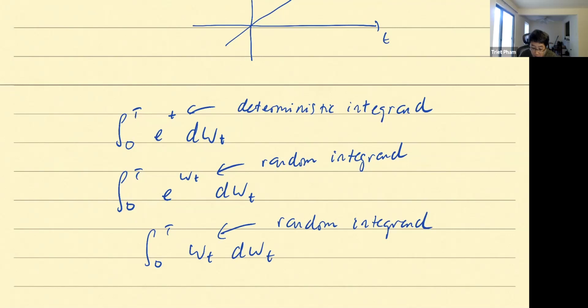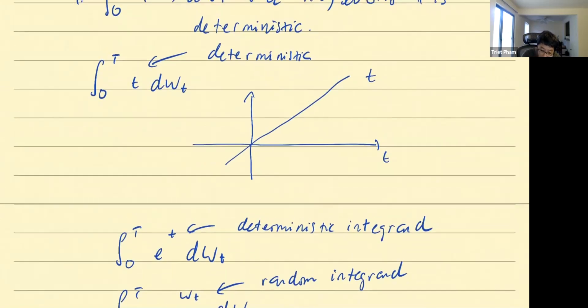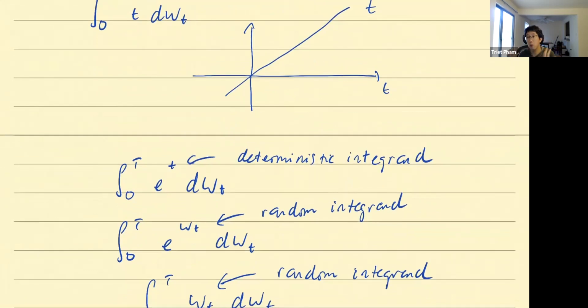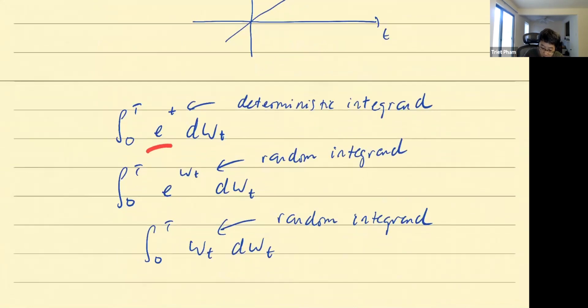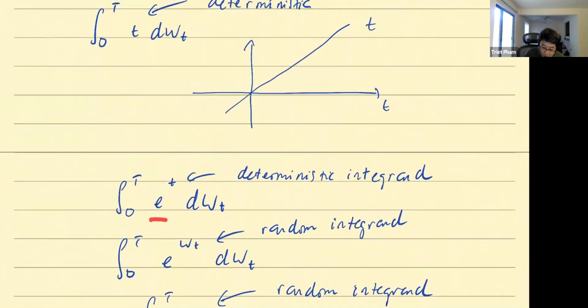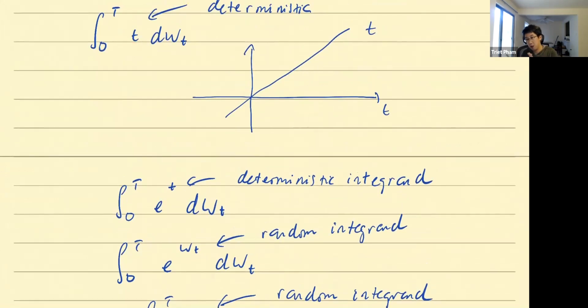So needless to say, a deterministic integrand is much easier to handle and discuss, or we know more about deterministic integrands than random integrands. We can say several things about both, but these two cases are different enough to separate them out, as you'll see soon.